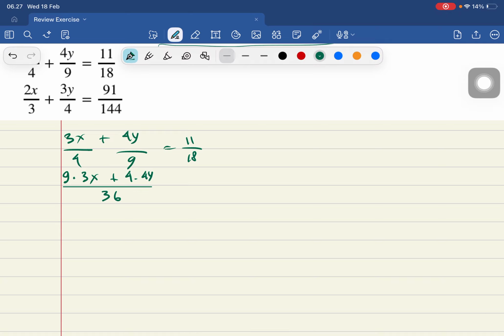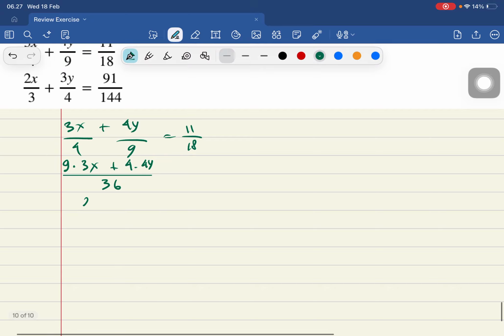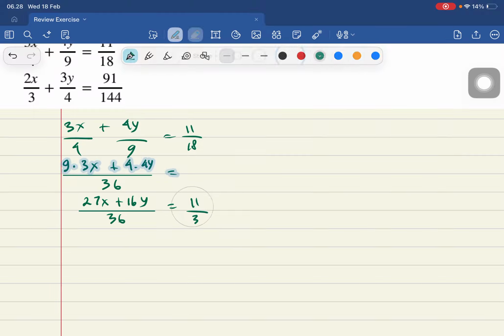Okay, so we'll continue. 9 times 3 is 27, so this is going to be 27x plus 16y, equal to 36 on the denominator. Okay, let's go to the right side. It's going to be 11 over 18.